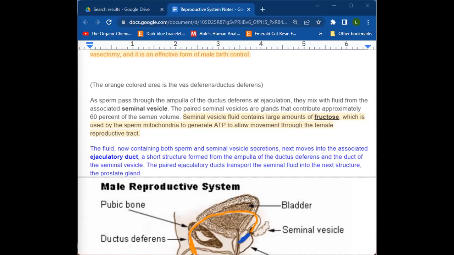Because we already said that the midpiece of sperm contains mitochondria. But the mitochondria can't make energy unless they have a sugar.